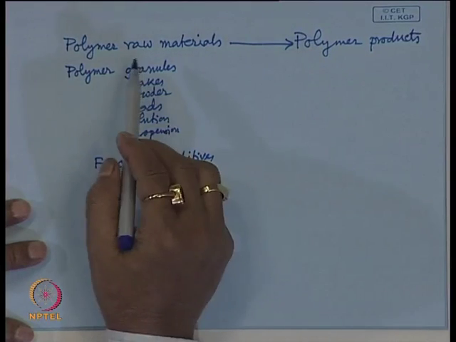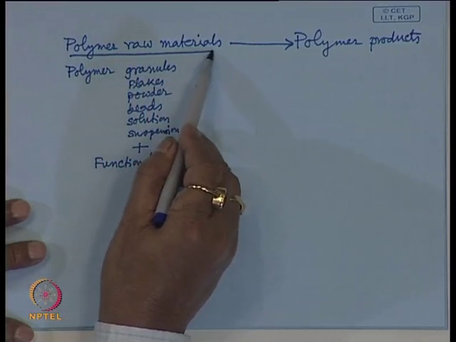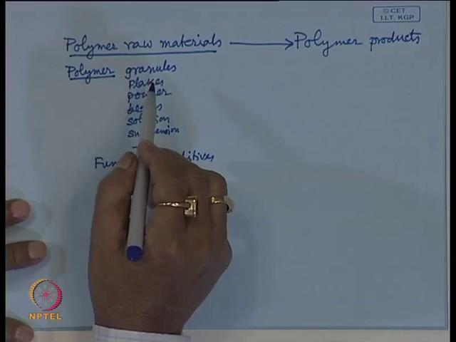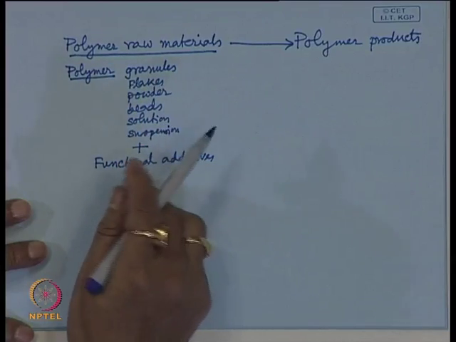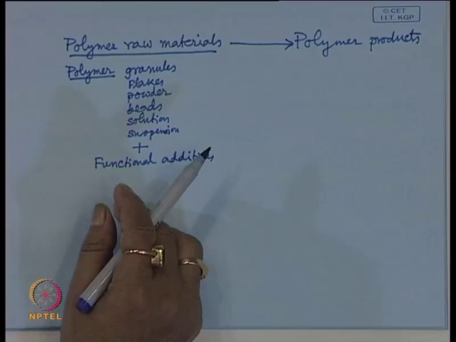Today we are going to discuss how these polymer raw materials, particularly the basic polymer in the form of granules, flakes, powders, beads, solution, suspension, are made on an industrial or commercial scale. Now, there are techniques of polymer manufacture.